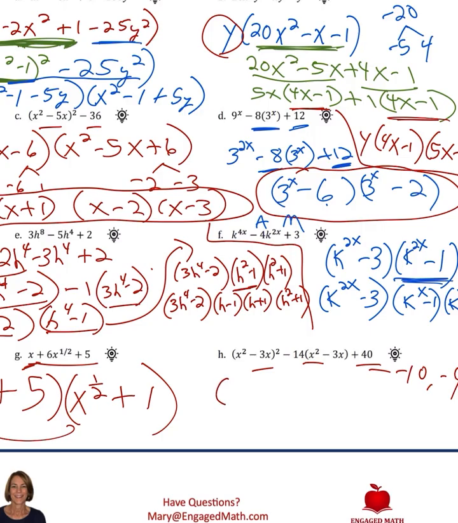So this time we take the square root of the first. So we're going to say x squared minus 3x, and I'm going to leave it in parentheses for the first part just to show you, minus 10. And then the second parentheses is going to be x squared minus 3x, in double parentheses.